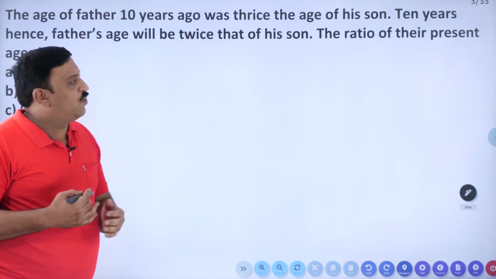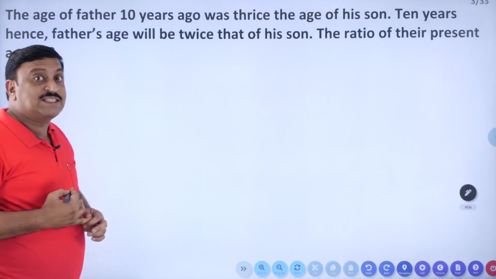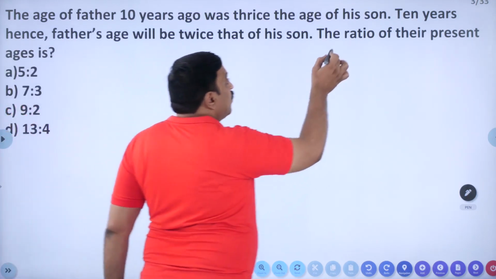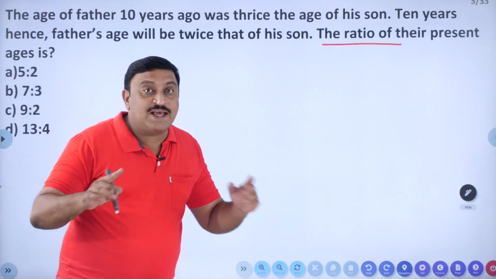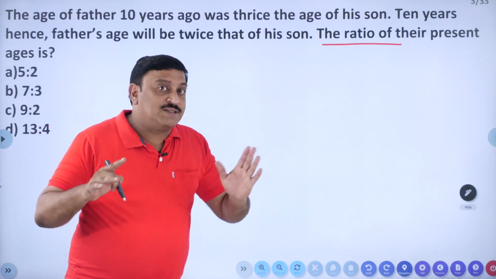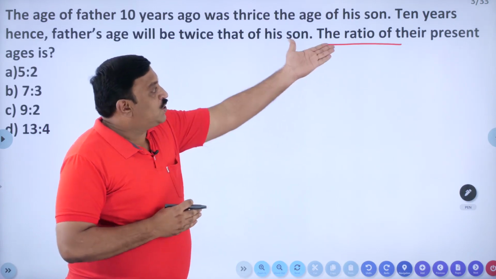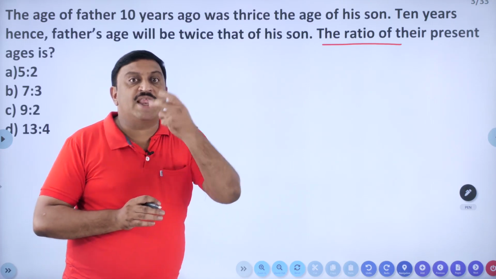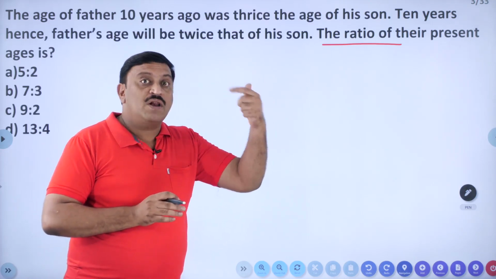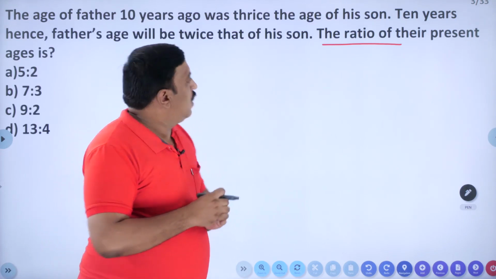The ratio of the present ages is what? This is the new model. They are asking not the present ages or the ages 10 years after, they are asking directly the ratio of the present ages. So this is another model in the 2:1 data concept.